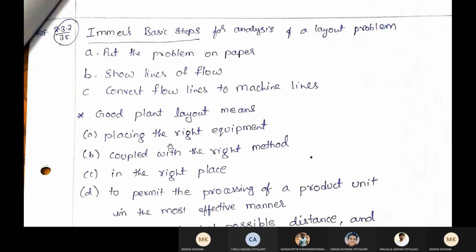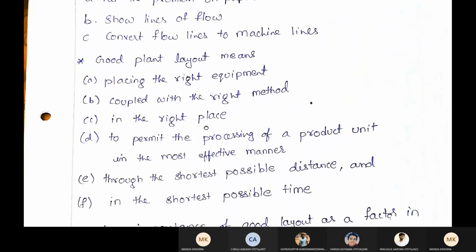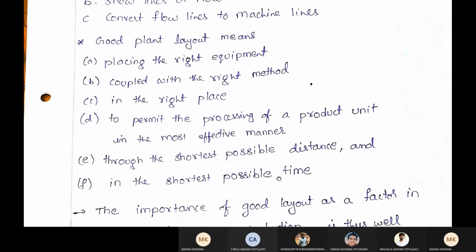First, we have to choose the right equipment and place it. We have to choose the right method in the right place and to permit the processing of the product unit in the most effective manner. Which processing method is best suitable for that, and through the shortest possible distance and in the shortest possible time.